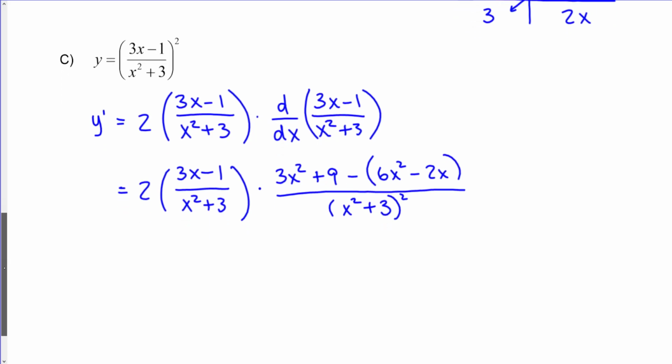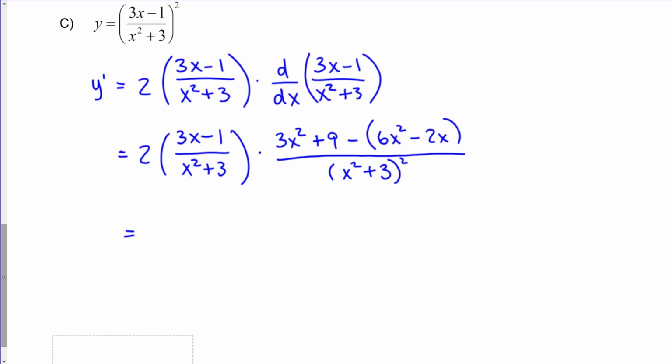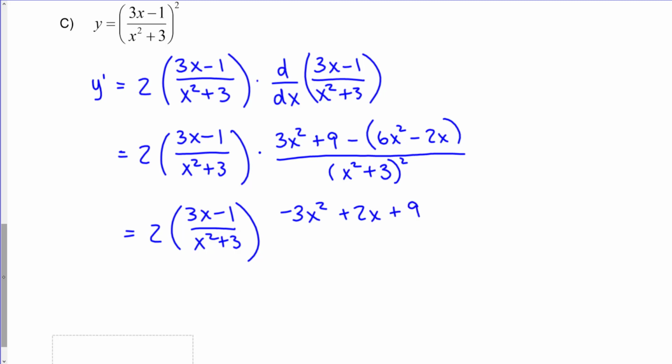Okay, then it looks like I can combine some like terms in the numerator. So 3x minus 1 over x squared plus 3. 3x squared minus 6x squared would be negative 3x squared. And then negative applied to that negative 2x would be plus 2x plus 9 all over x squared plus 3 quantity squared.